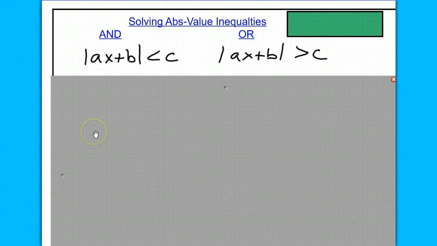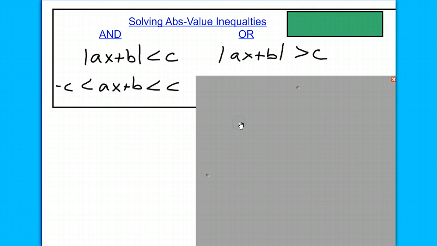So we could put that in the center of the inequality. It's a segment. The value ax plus b could be less than c. Here's the original, right? Or ax plus b could be greater than negative c. And it can be combined all into 1 3-part inequality.